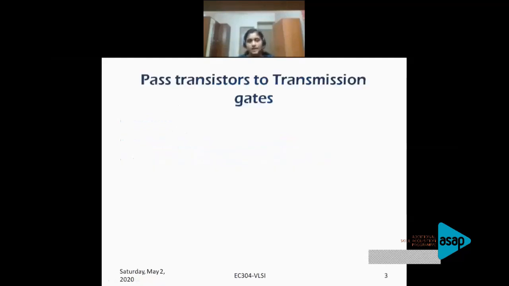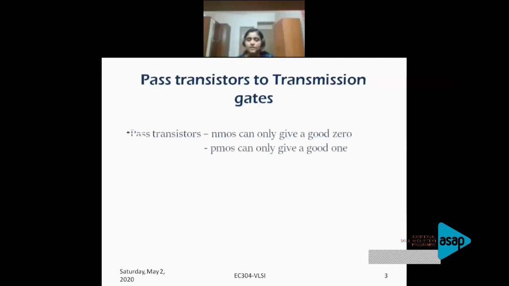So transmission gate basically forms the last part of module 4. Earlier in the first session, we have seen the working of a pass transistor and of complementary pass transistor logic. So why do we go for transmission gates, or what are transmission gates? We'll start from pass transistors. We have seen that either an NMOS or a PMOS can act as a pass transistor, and it can be used to implement logic functions.